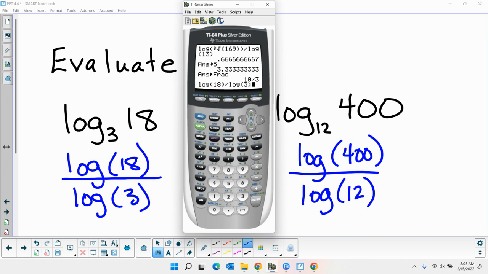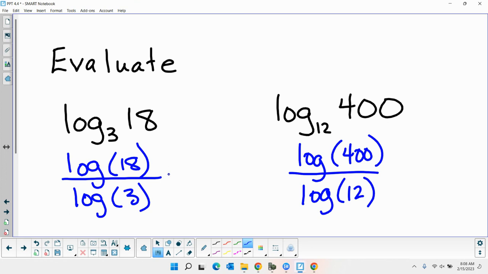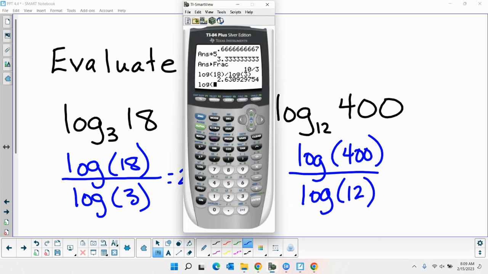So we get 2.63. You guys okay with that? Everybody good? And then log of 400. Actually, let me show you this. All right, you could do natural log if you wanted. It'll still work.